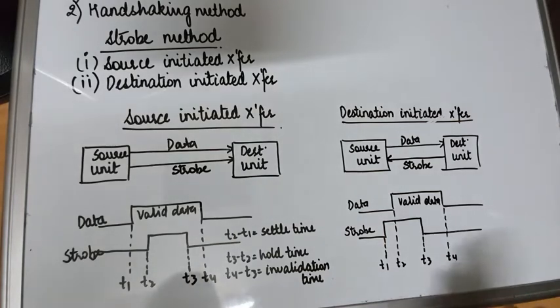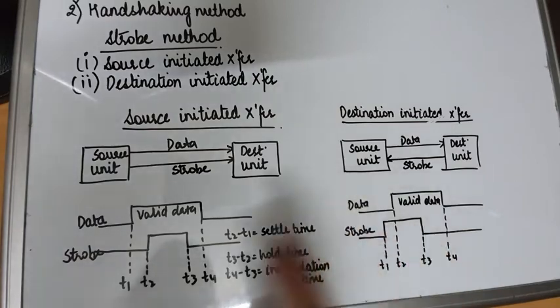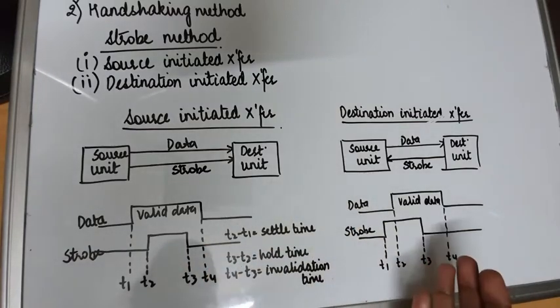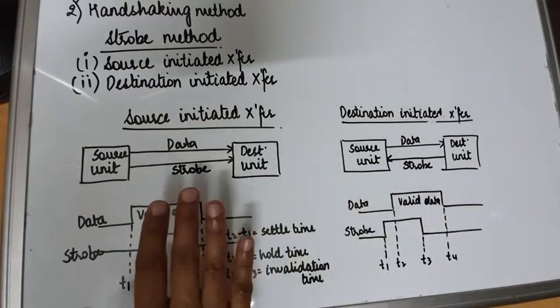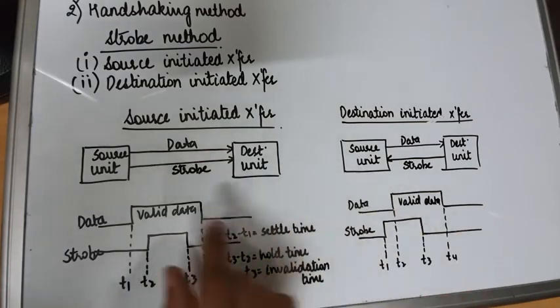This is how data transfer happens between the source and the destination in two different ways: the source initiated data transfer and the destination initiated data transfer. But there is a disadvantage in both.